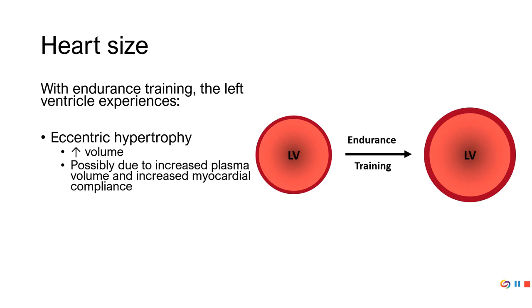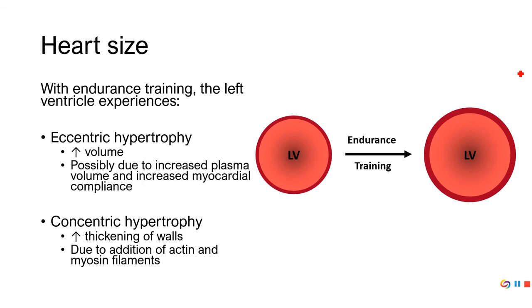Additionally, you get this eccentric hypertrophy, so that's what we just talked about, and then you get this concentric hypertrophy. The other thing is that the thickness of the walls changes. Look at the thickness of this wall relative to this one. This one over here, the dark red outer border, it's thicker, and the way this happens is there's more actin and myosin.